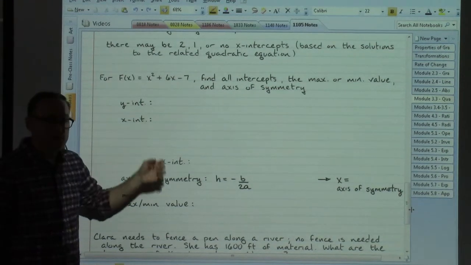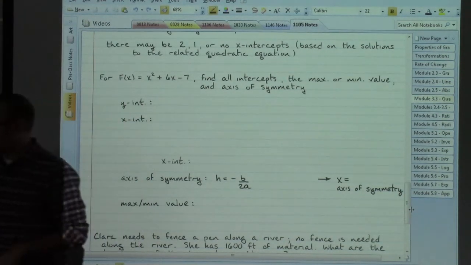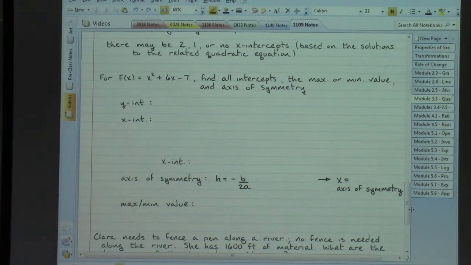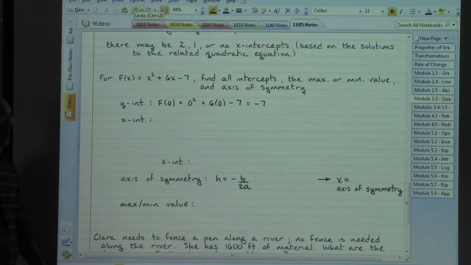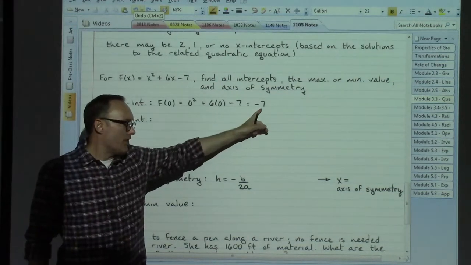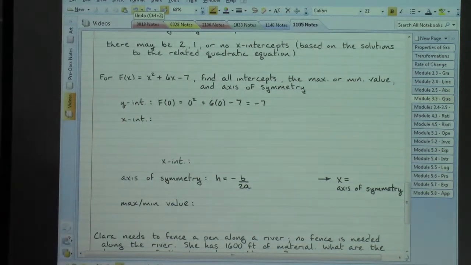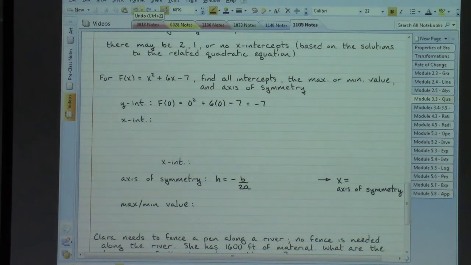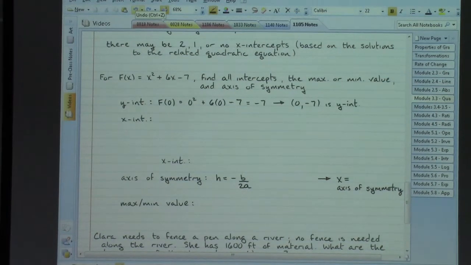The y-intercept out of all of these things is the quickest for us to find, because plugging in 0 for x is a nice quick thing for us to accomplish. So if we plug in 0 for x and we get a -7, then that would mean that we would be talking about a y-intercept 0, -7.